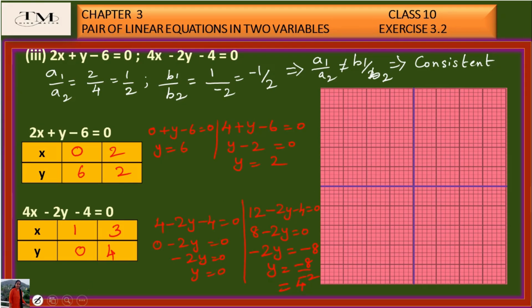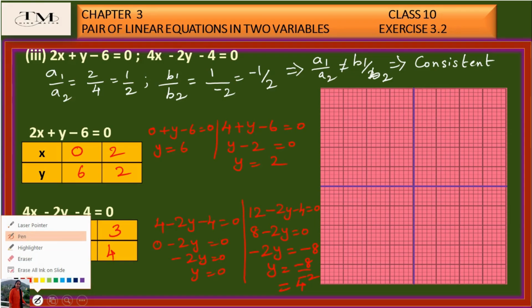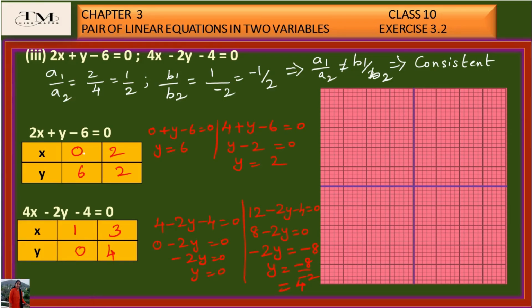Now we have to plot the points. First one is 0, 6. Before that, let me mark the values. Take the scale: 2, 4, 6, 8, minus 2, minus 4, minus 6, minus 8. And positive y, 2, 4, 6, 8.